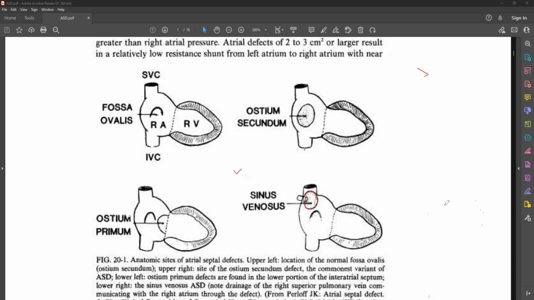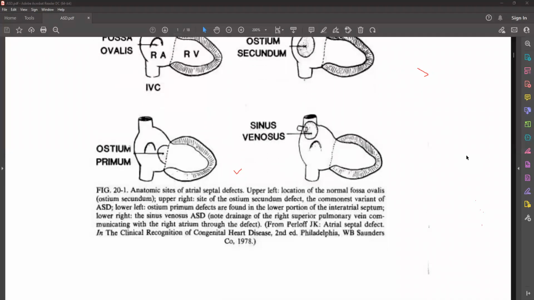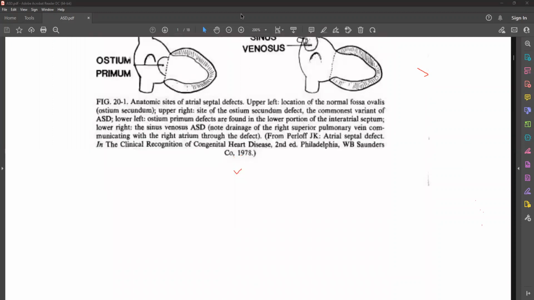So in this particular defect, you can see that the right superior pulmonary vein also gets drained into the right atrium. So this site you need to really understand before you can really decipher more on the atrial location of the atrial septal defect.